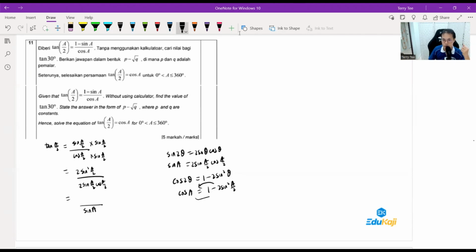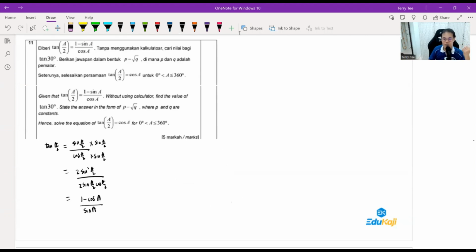Now, when I bring this over, my 2 sine squared A over 2 is now 1 minus cos A. So this is supposed to be (1 minus cos A) over sine A, instead of (1 minus sine A) over cos A. It's wrong. And if you check the marking scheme, they also admitted that the answer is wrong.